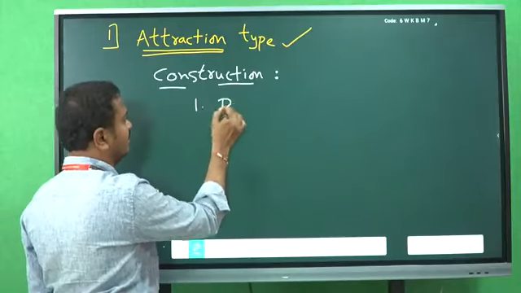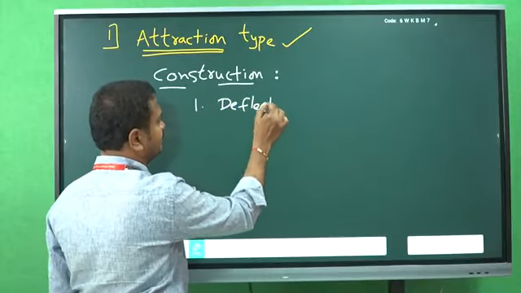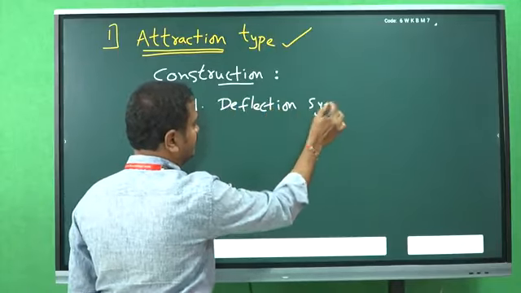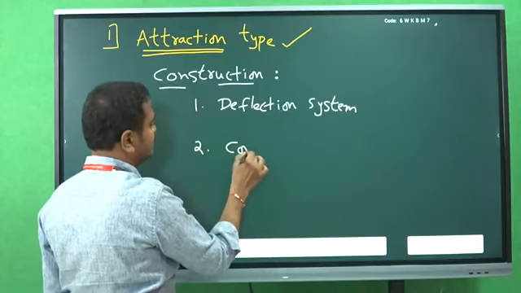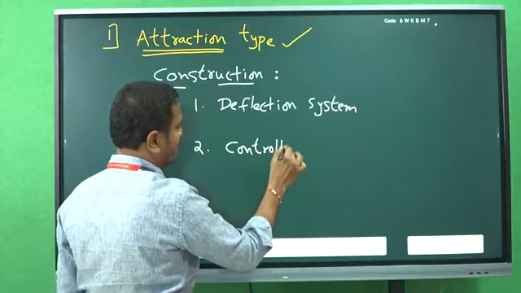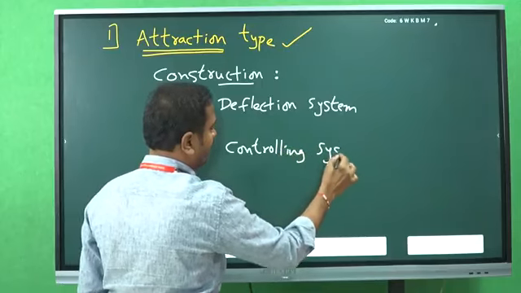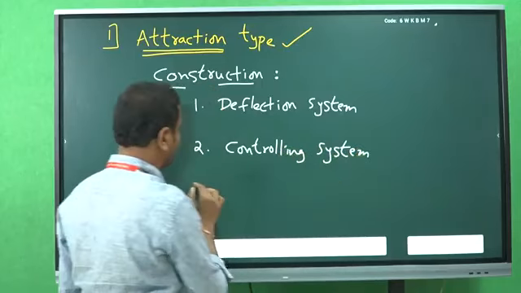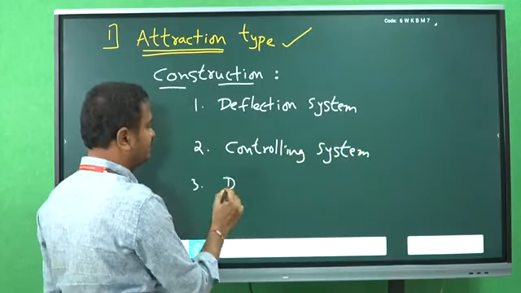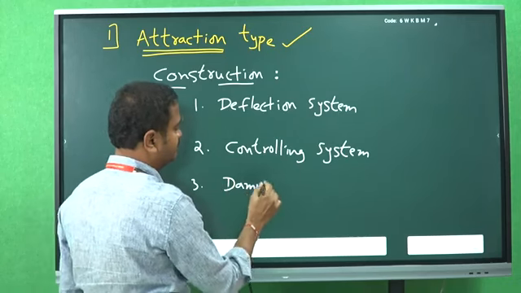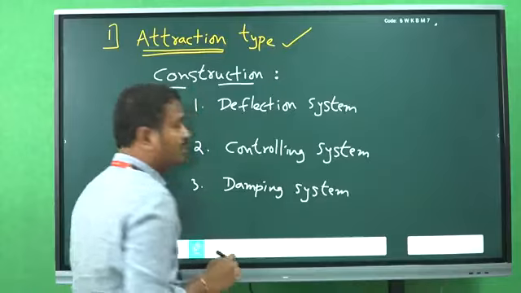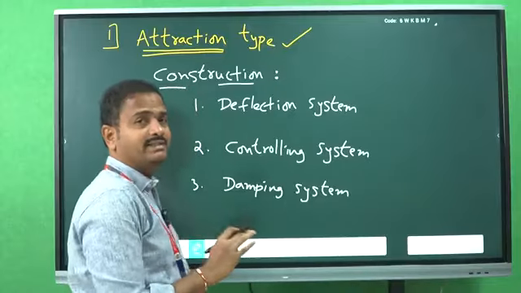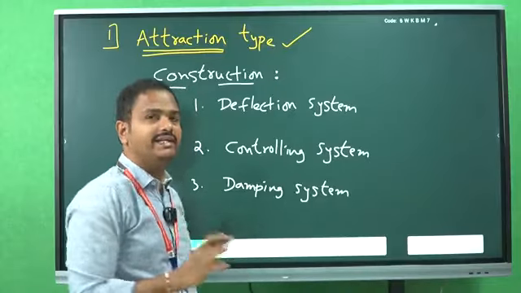One is the deflection system. The second one is the controlling system. The third one is the damping system. Clear?